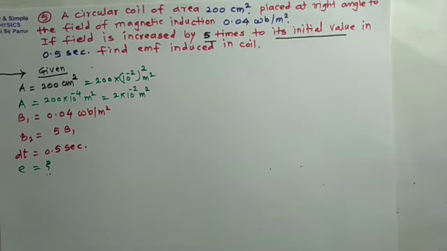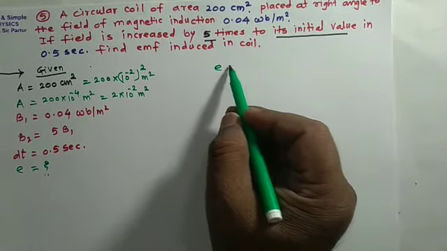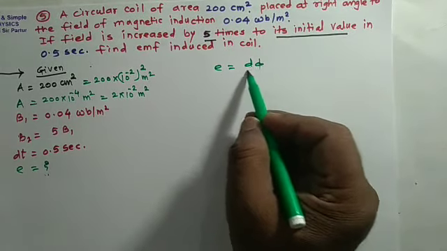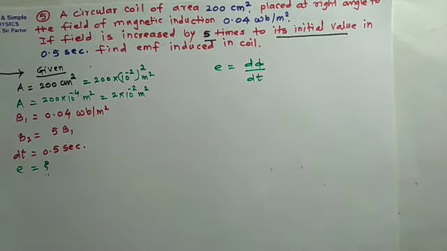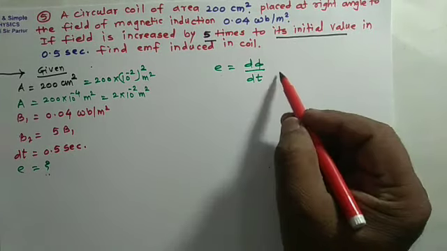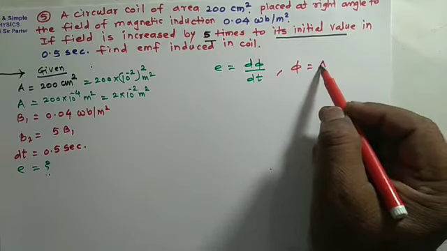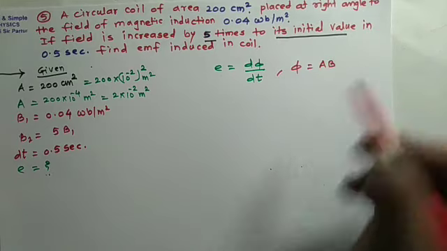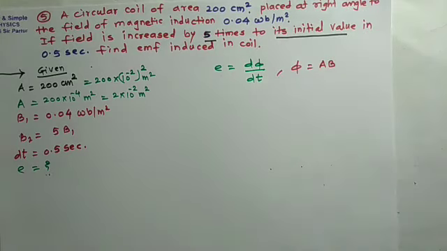Here we know that the magnitude of EMF E equal to d phi upon dt, where phi is the product of area into magnetic induction, or the scalar product of area into magnetic field induction. If theta is 0, then it will be AB.